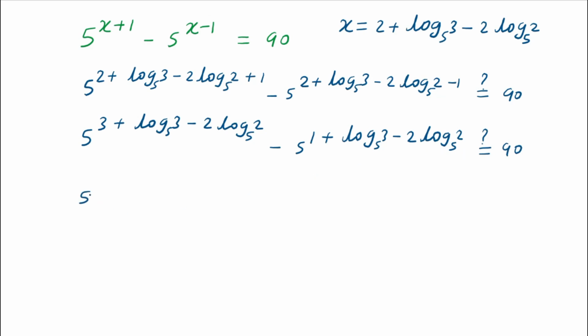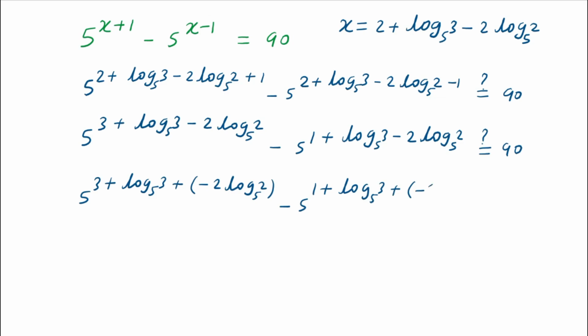Now we can write this as 5 power 3 plus log 3 with base 5 plus bracket minus 2 times log 2 with base 5, minus 5 power 1 plus log 3 with base 5 plus bracket minus 2 times log 2 with base 5, equal to 90.